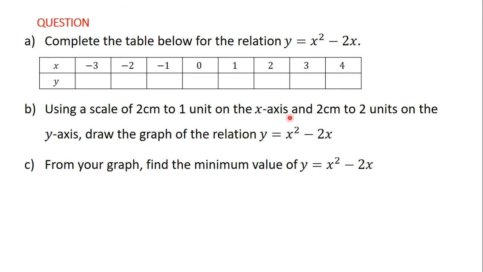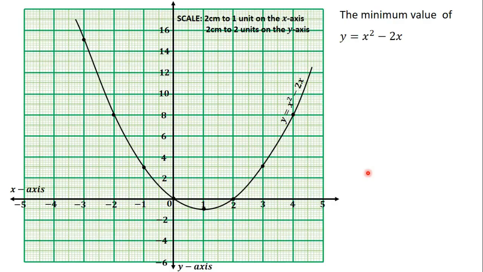We have already learned how to draw the graph of this relation. So we move to the last part of the question, finding the minimum value of y is equal to x squared minus 2x. This is the graph of the relation y is equal to x squared minus 2x. We are being asked to find the minimum value of y is equal to x squared minus 2x.